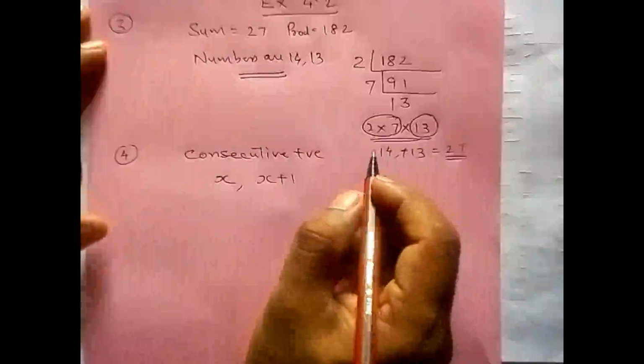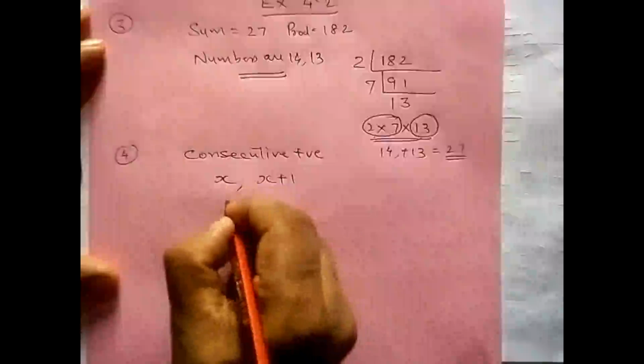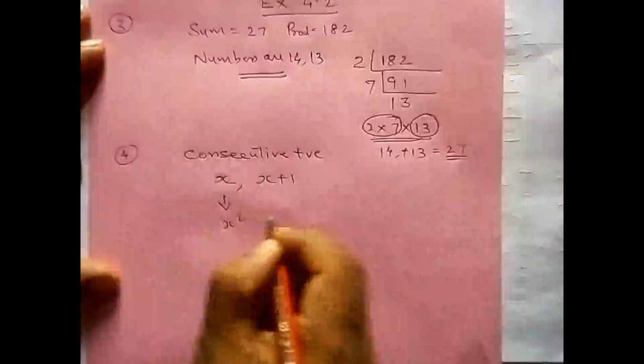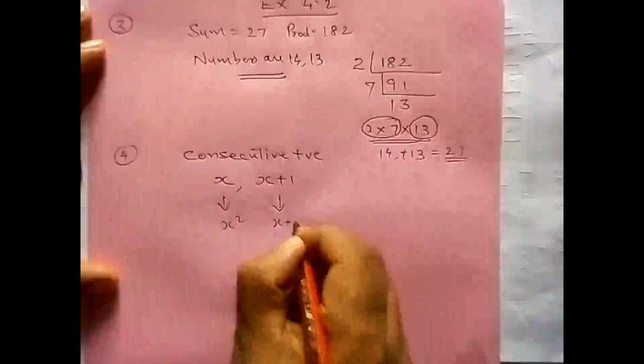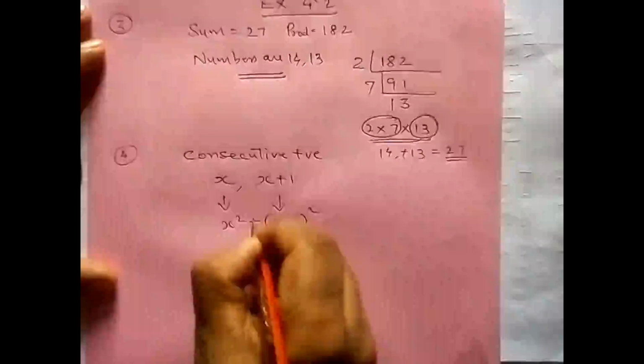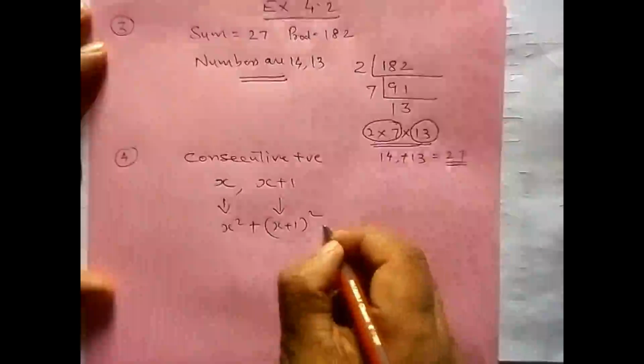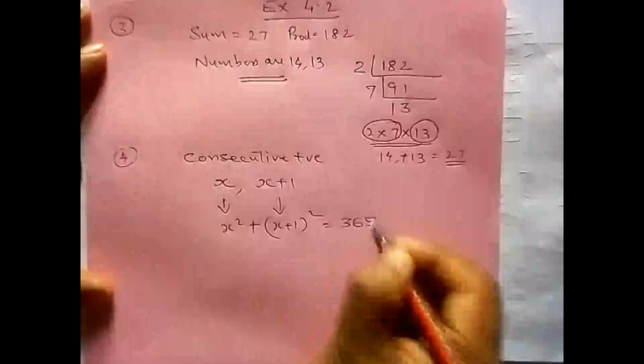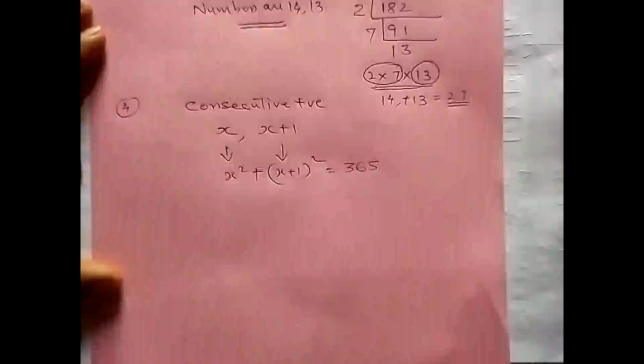And it is given that the sum of whose squares is 365. So this is x square, this is x plus 1 the whole square. When you add these two, we should get 365. This is the question.